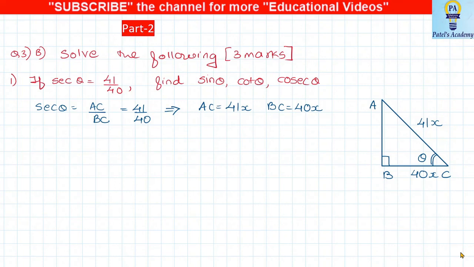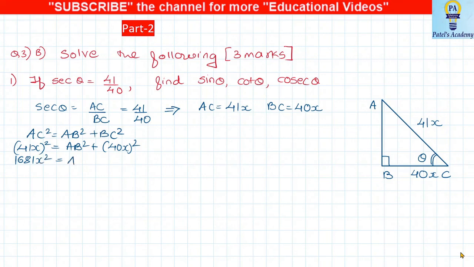Now if I use Pythagoras theorem, what I'll get? AC square equals AB square plus BC square. So that is 41x square equals AB square plus 40x square. Now 41 square is 1681, so 1681x square equals AB square plus 1600x square.